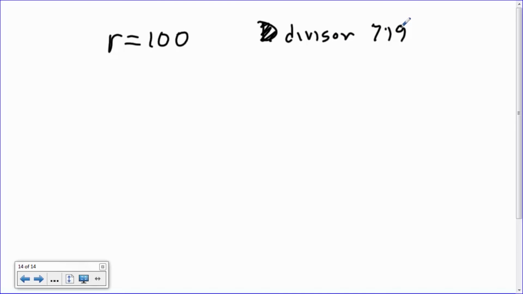Now, what are we going to do with that remainder of 100? What are we going to do with any remainder that we might get in any division problem? Well, remember, there are two kinds of division, partitive and quotative. And when we use partitive division, there are discrete objects and there are continuous objects.